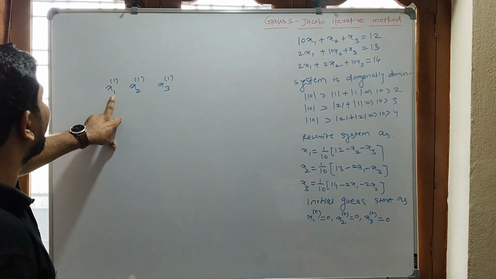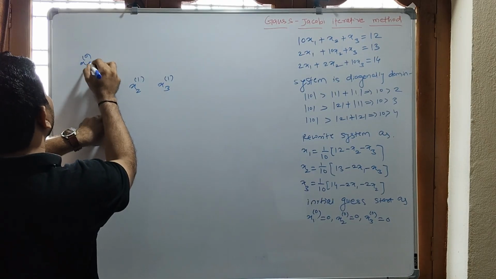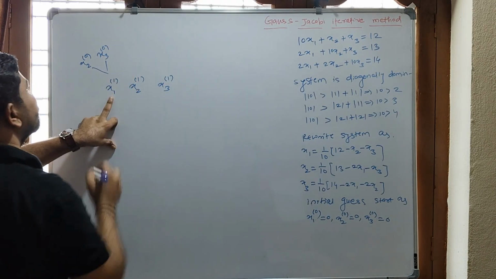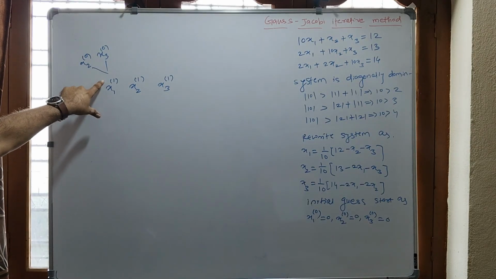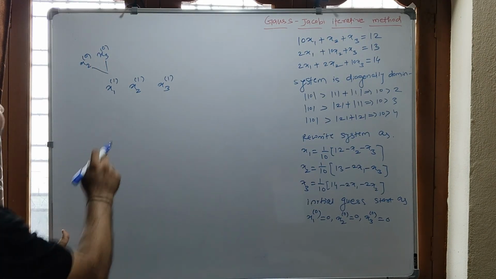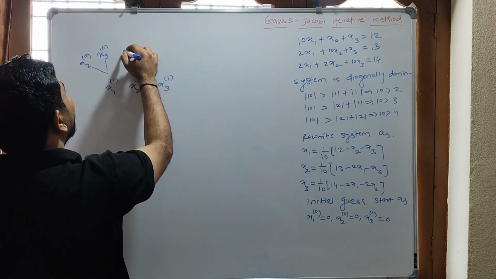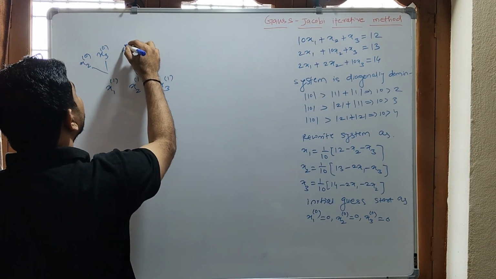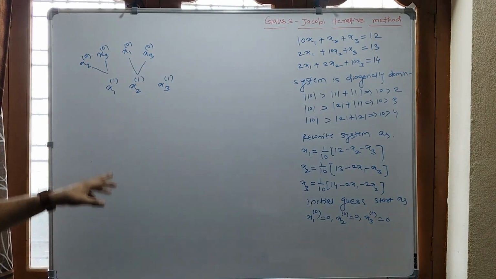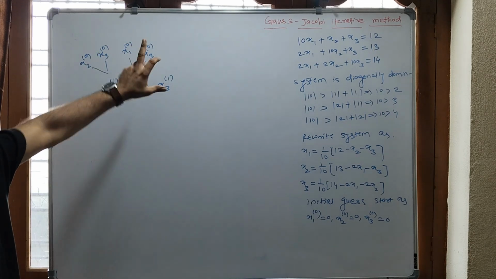While finding x1 at 1, you use x2 at 0 and x3 at 0. While finding x2 at 1, I am using x1 at 0 and x3 at 0.